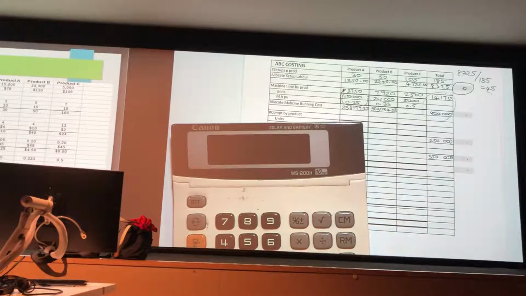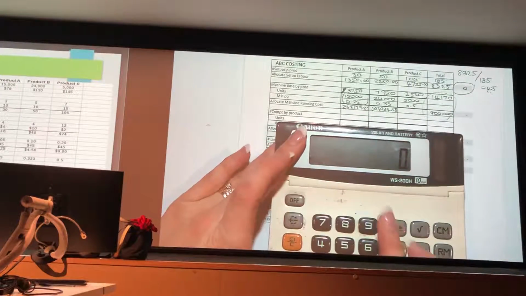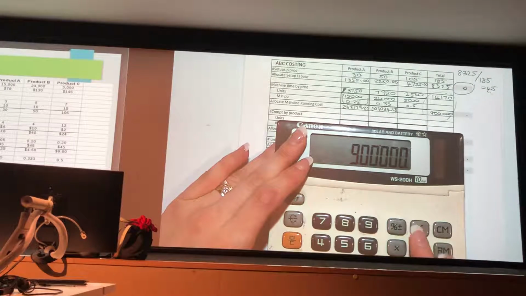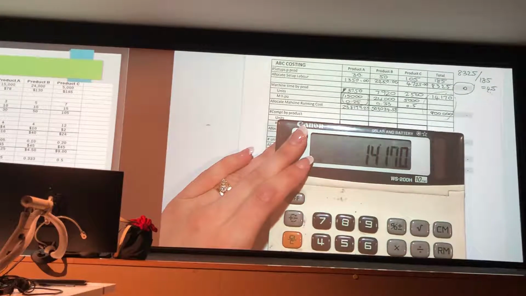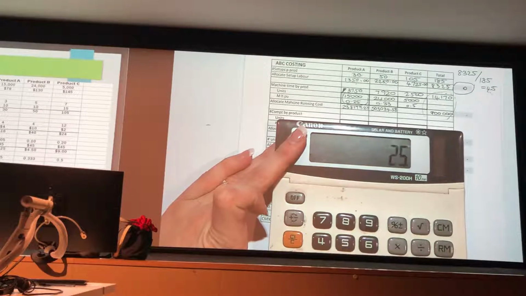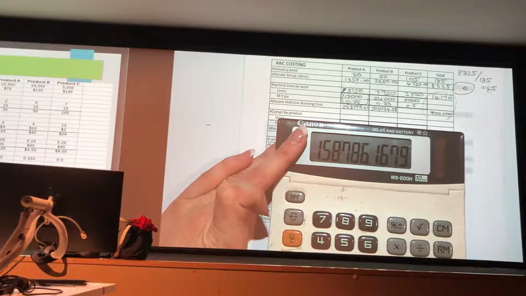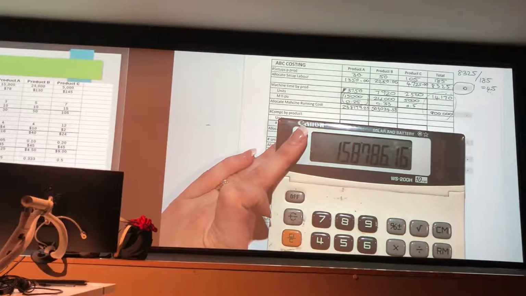Before you write down this last number, the way I would do it is the following. I would calculate my number times my 2,500. Okay? So I round it.